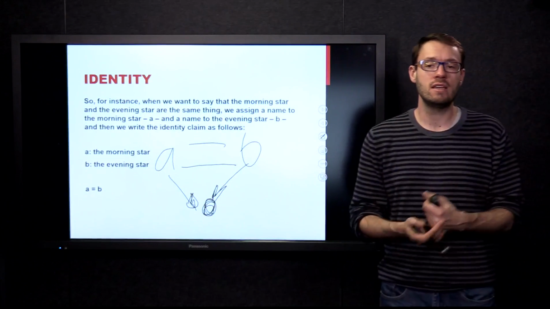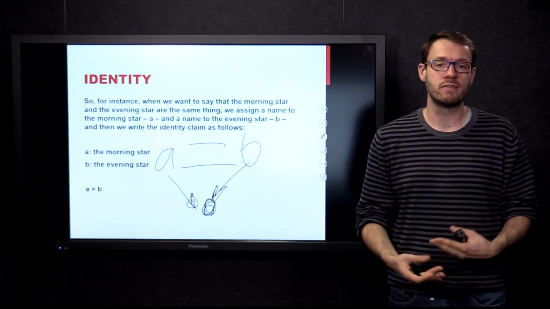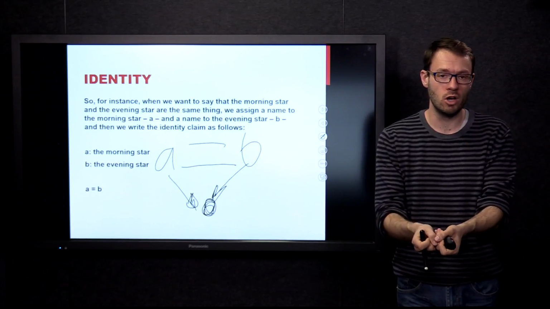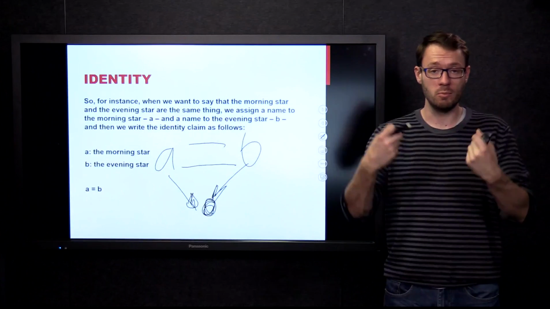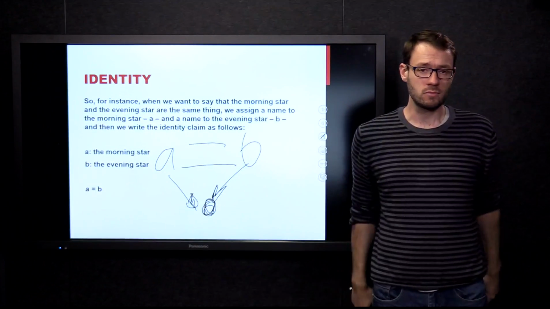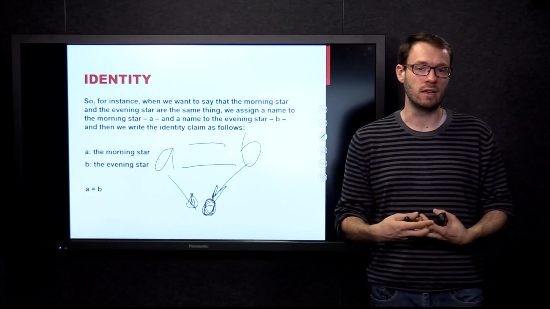So the way that we tend to think of this is in terms of co-reference. The reference of a term, or the thing that the term refers to, is the particular object in the world that, say, a name refers to. So my name, Sam, refers to a particular object, me. Your name refers to a particular object, you. But what we can have are multiple names that refer to the same thing.